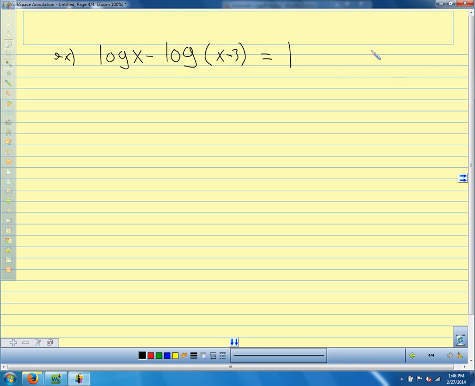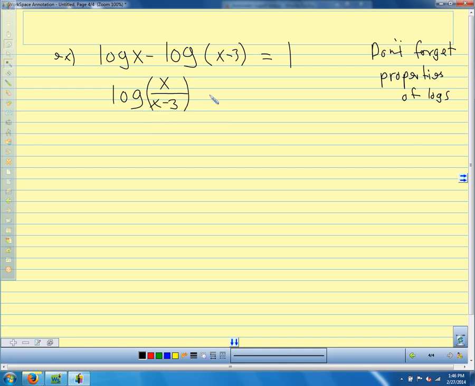Let me give you a hint. Don't forget your properties of logarithms. So Chad says we can write this as, we're going to condense this to, log of x over x minus 3.